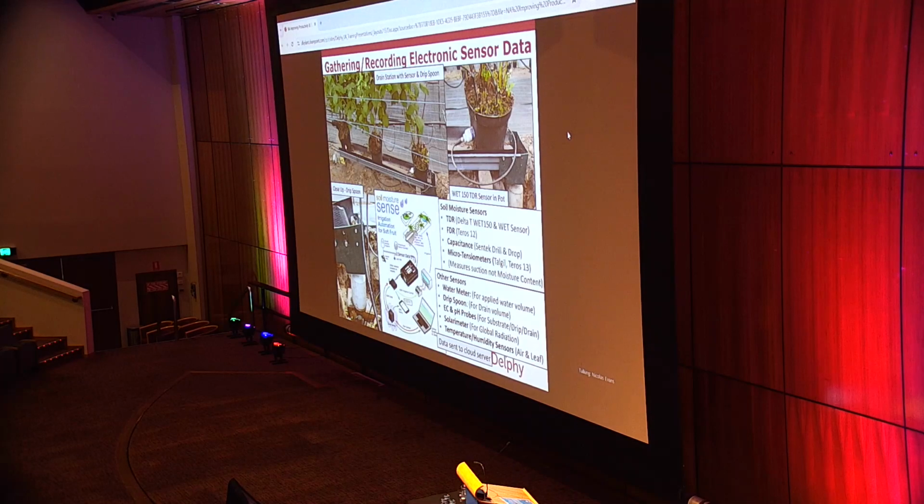A solarimeter is good because then we have a feeling for the radiation that those plants are experiencing. And then temperature and humidity sensors to give us information on VPD and the climatic experience for those plants.